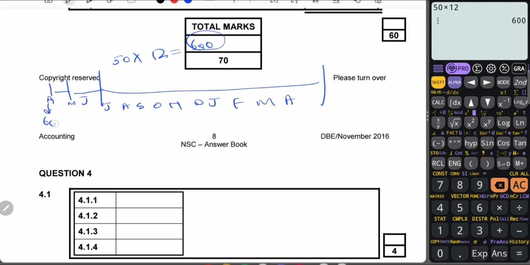The 60 rand was paid during April, guys. Because I was supposed to pay 50 rand here, but I paid 60 rand.